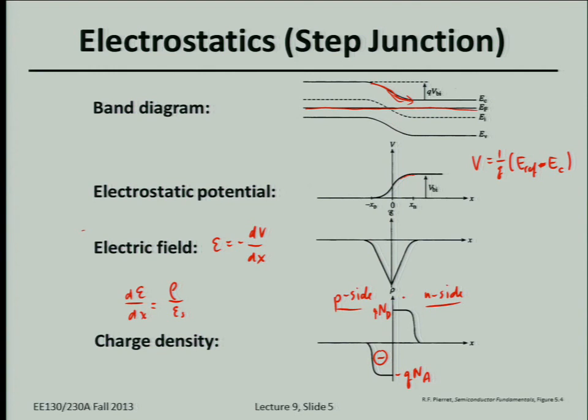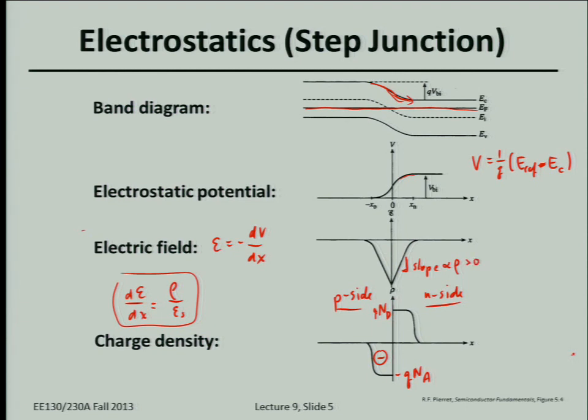So the level of the charge density is set by the net dopant concentration, N_D and N_A. The slope here is proportional to rho, that's what this equation states. And it's greater than 0 on the right, because the charge density is positive.